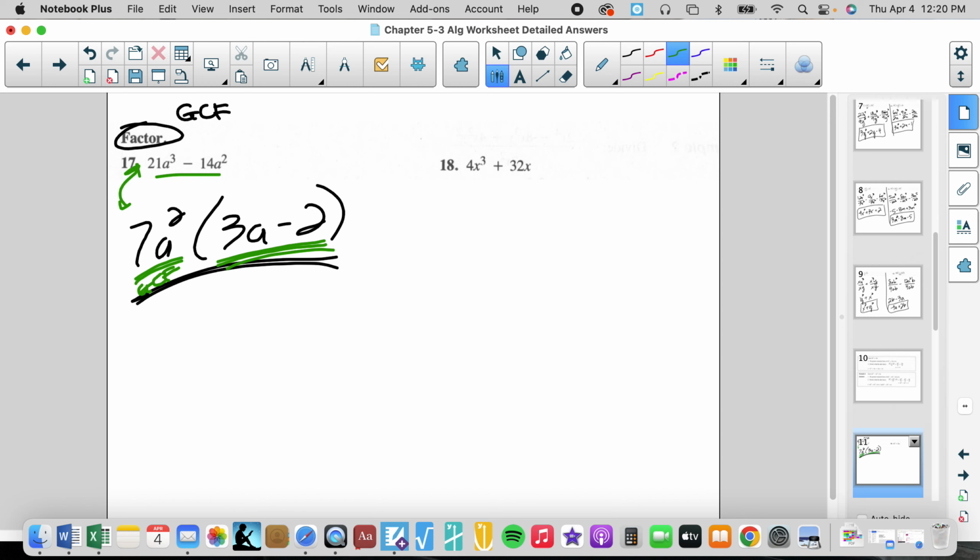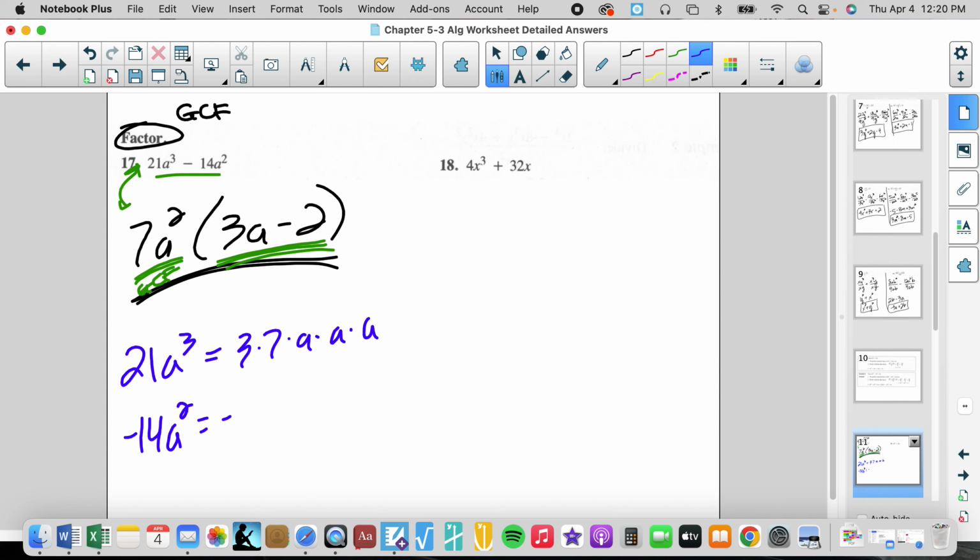So how did I get 7a squared? Well, we talked about that in the earlier sections about finding GCF of things. So we can break it down into its prime factorizations. So 21a to the third and negative 14a squared. So 21 is 3 times 7 times a times a times a.